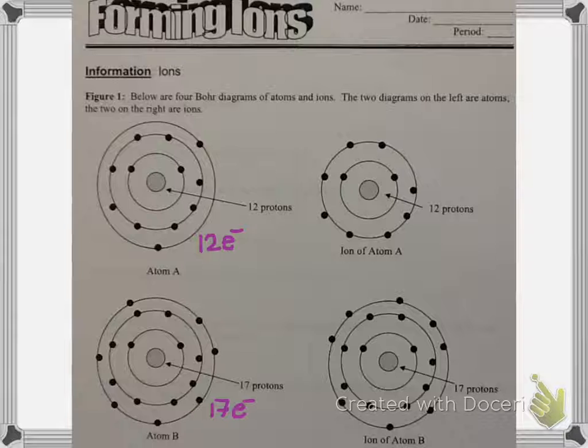For the ion of atom A, I have 10 electrons. And for the ion of atom B, I have 18 electrons.